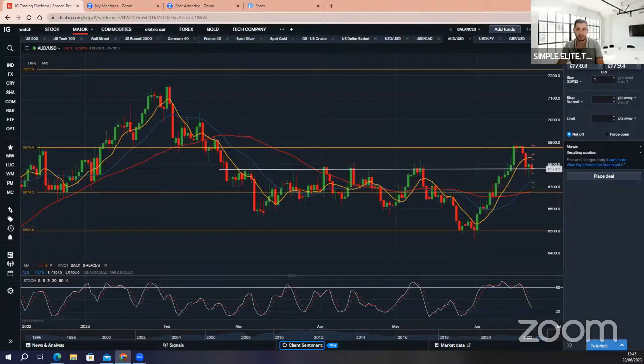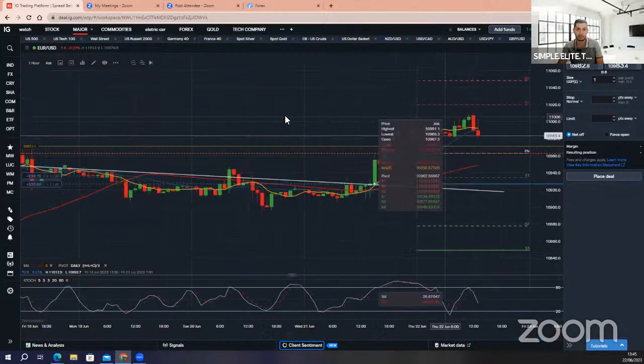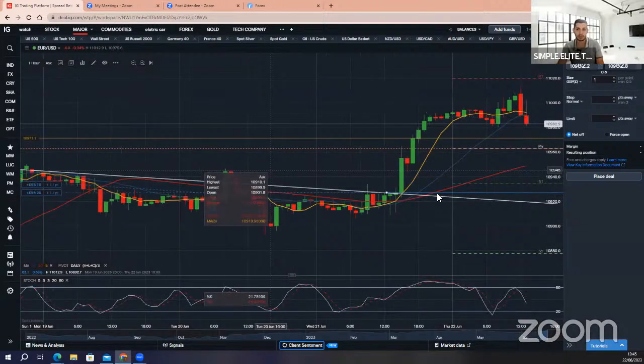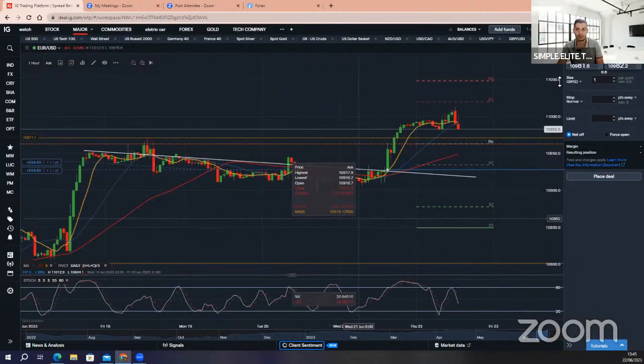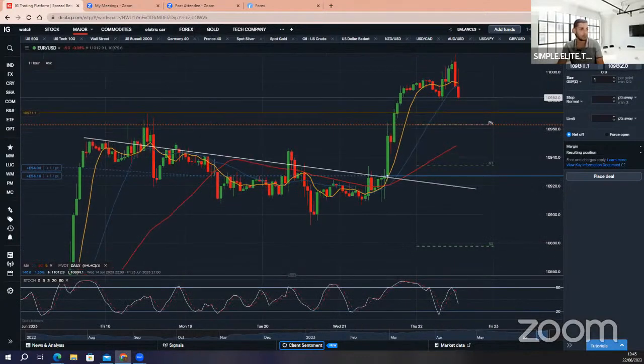Where is it? As you can see, the position is open right here. Where is the pen? Right here is where the position is open. As soon as I broke the trend line, I took the breakout here.